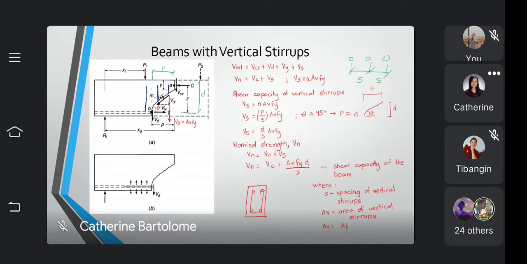Ma'am, yes? It's the cross-sectional area of the beam, then the area of the steel. No, not really. We're talking here about the area of the vertical stirrups itself.